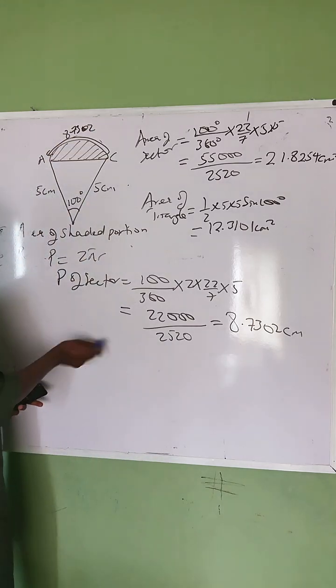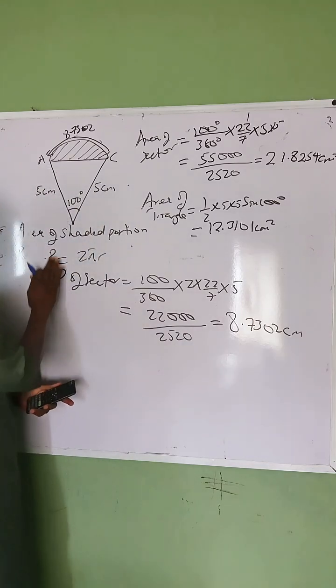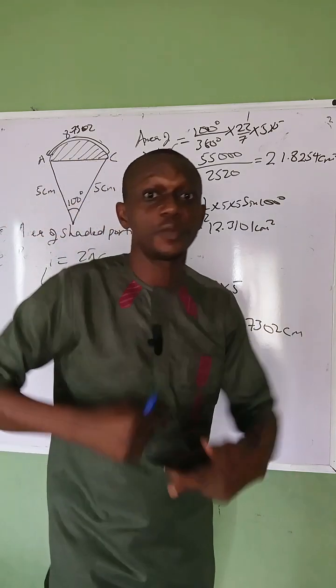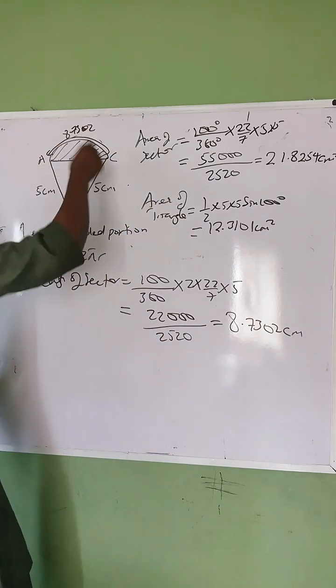So to get our perimeter, the addition of everything. Pardon, I made a mistake. This one is the length of the arc of the sector, which we take out of the circumference. Add the three together.